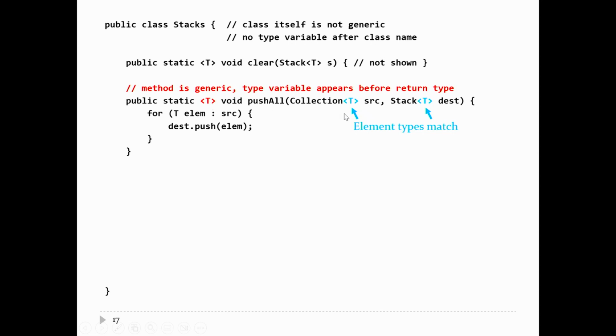I need this generic type in order to enforce the constraint that the collection type and the stack type are in fact the same. Internally, the type doesn't matter. Well, it sort of matters, I need the element type here in the loop. To implement the method, it's pretty easy. I iterate over the collection, so for each element in source, push the element onto the destination stack.